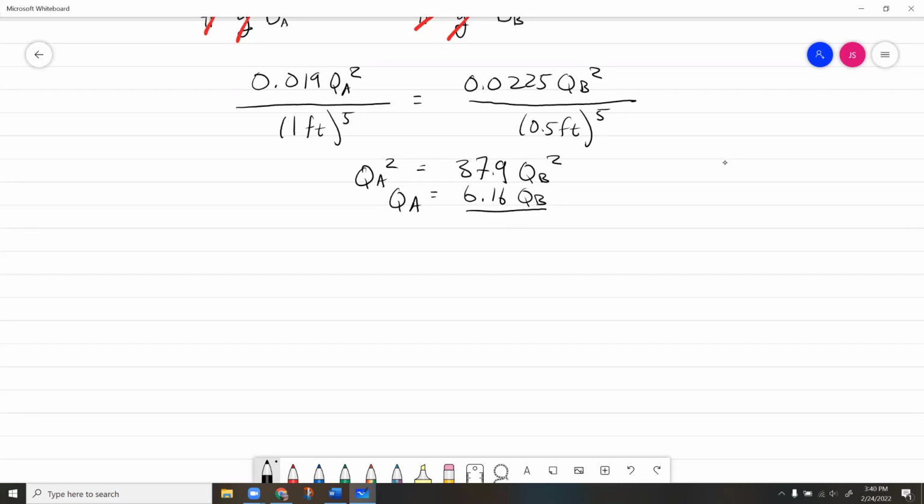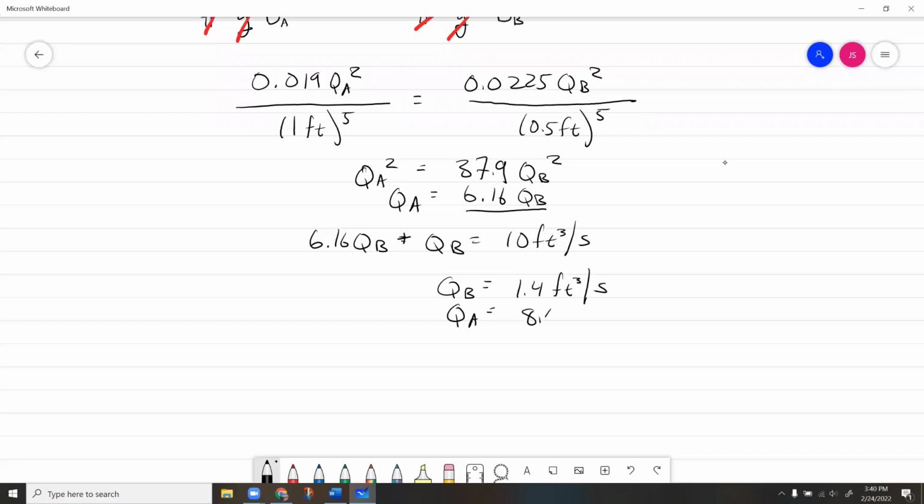So we'll plug that in for QA: 6.16 QB plus QB is equal to 10 cubic feet per second. Then we can solve for QA and QB. QB ends up being 1.4 CFS, and QA ends up being 8.6.